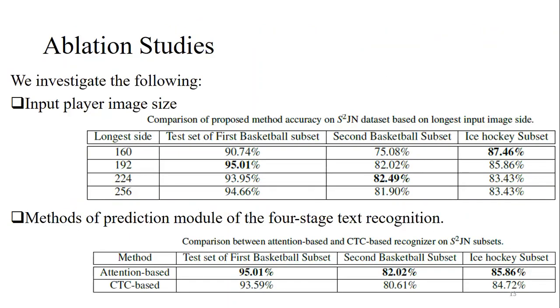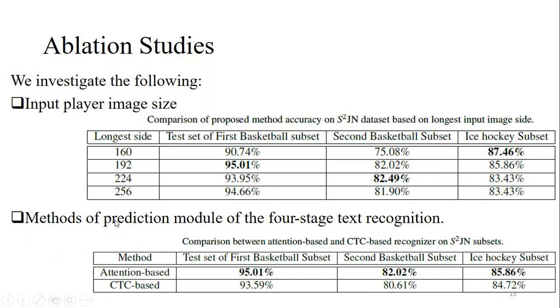In the ablation study, we investigate the following: the input player image size and the method of the prediction module of the four-stage text recognition. In the ablation study related to the input player image size, we conducted an experiment to select a suitable input player image size for number detection, where it may be different for each sport.